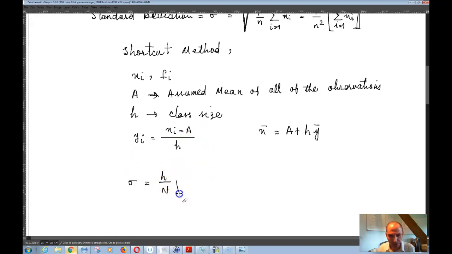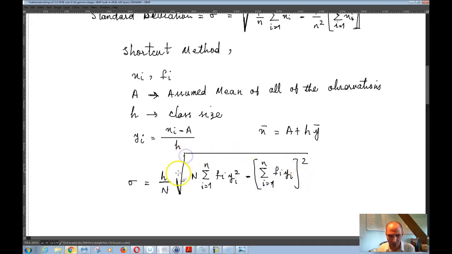So we had h over n times the square root of n times sigma of f of I y of I squared as I goes from 1 to n, minus sigma of f of I y of I as I goes from 1 to n, and we squared this and took the square root of this whole thing, and this became standard deviation. Now we had this standard deviation here.